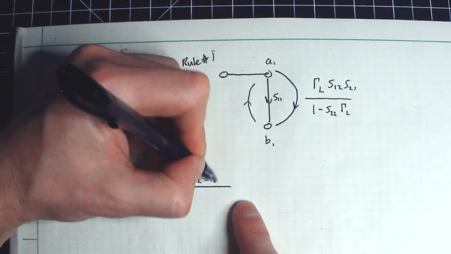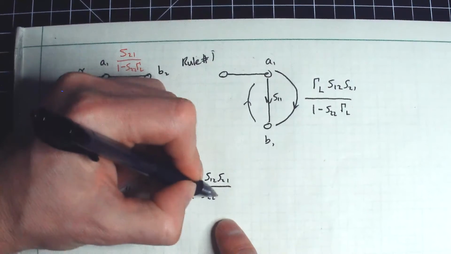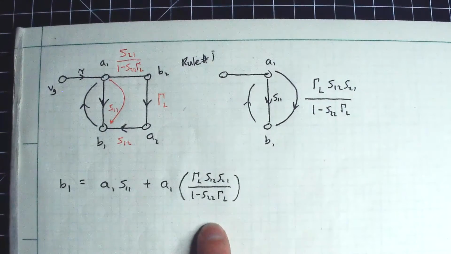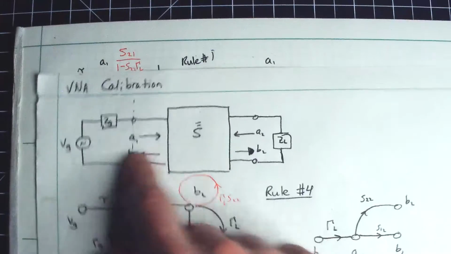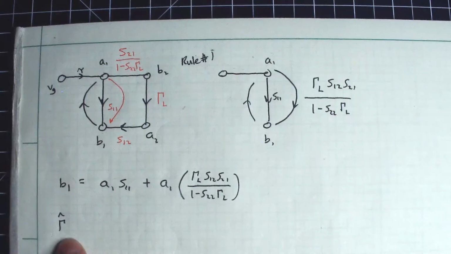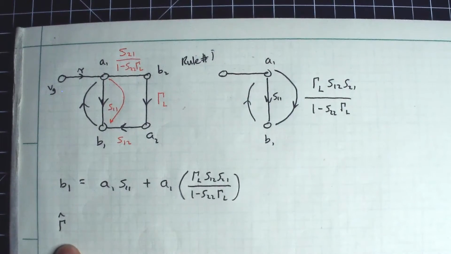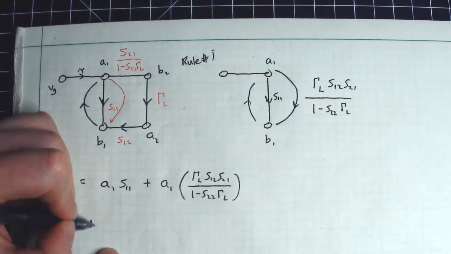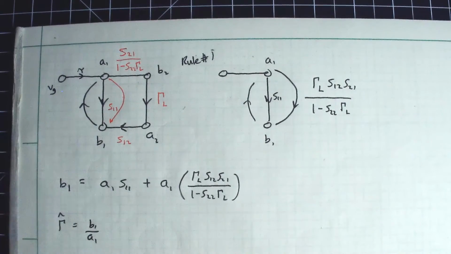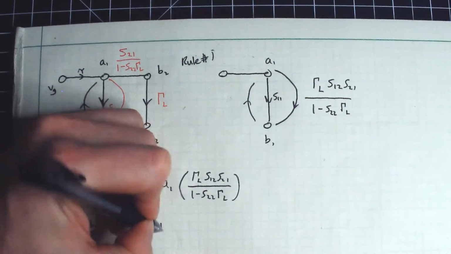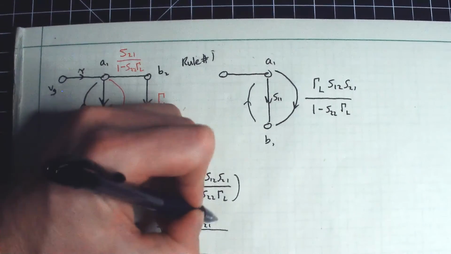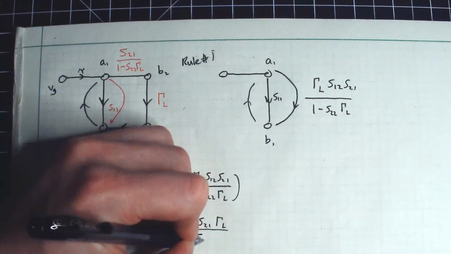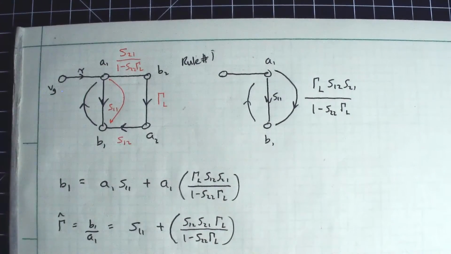Gamma sub L S12 S21 over 1 minus S22 gamma sub L. And then, by definition, the reflection coefficient, looking into this network here, is the ratio of B over A. So I would say gamma, I'm going to call it gamma hat. That's what I actually might measure using my network analyzer, by definition B1 over A1. So you just divide out the A's and you get the following. S11 plus this big fraction here. S12, S21, gamma sub L, over 1 minus S22 gamma sub L.